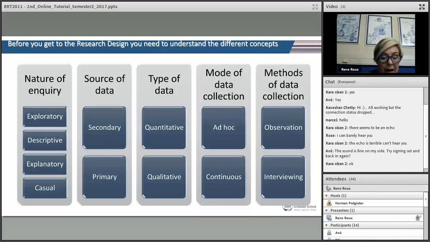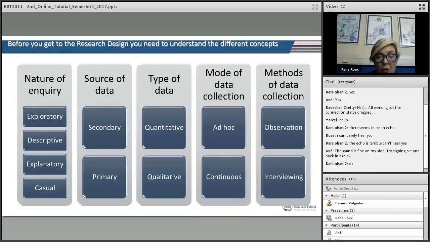What do we mean by that? Exploratory is really where you explore new opportunities, feelings, perceptions, maybe likes, dislikes. You have no clue what it is. So you're really going to explore it. Maybe you want to try and find a new market. So you explore a new market and how they live and their lifestyles.